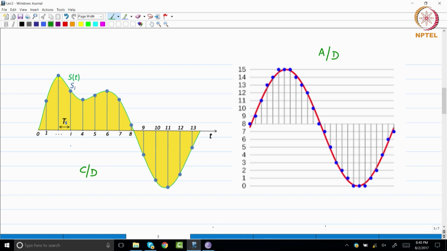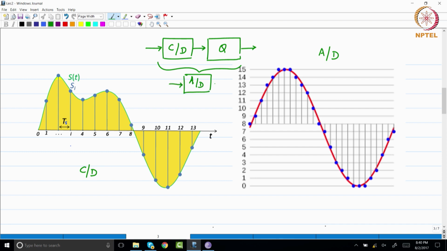A quantizer. So, basically each of these samples, instead of being represented with infinite precision, have finite levels. In other words, you could think of a C to D block followed by a quantizer that effectively gives you the A to D operation.